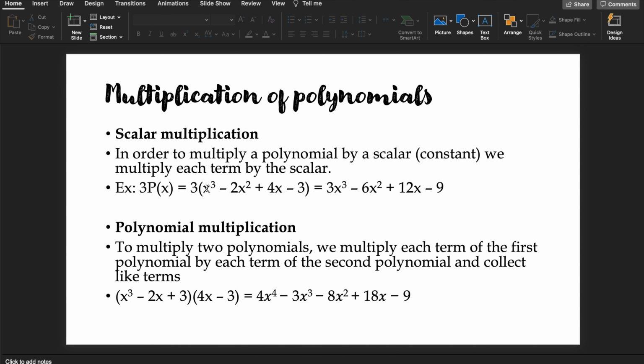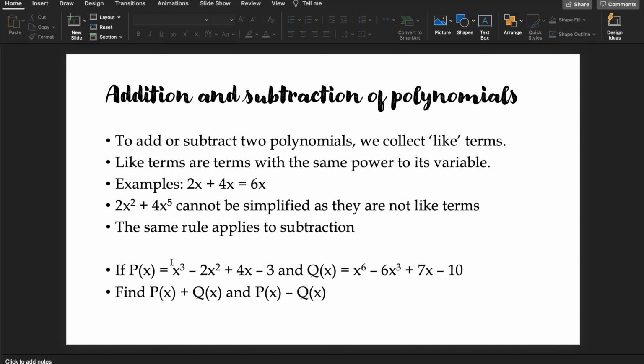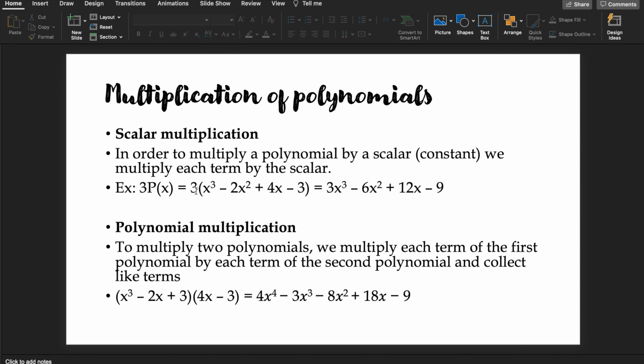So then the p of x would be this. And so 3 into x to the power of 3 would give us 3x cubed. Then minus 2 into 3 would be minus 6. 3 into 4 is 12. 3 into minus 3 would be minus 9. So that was scalar multiplication.